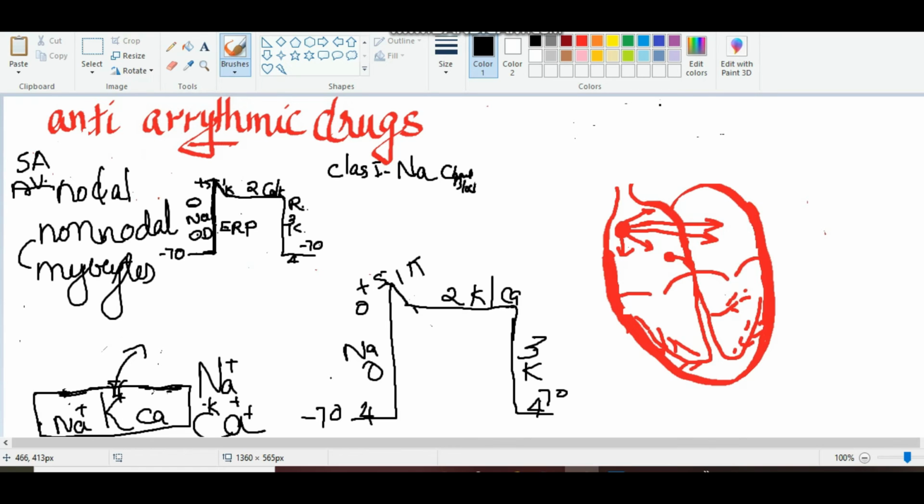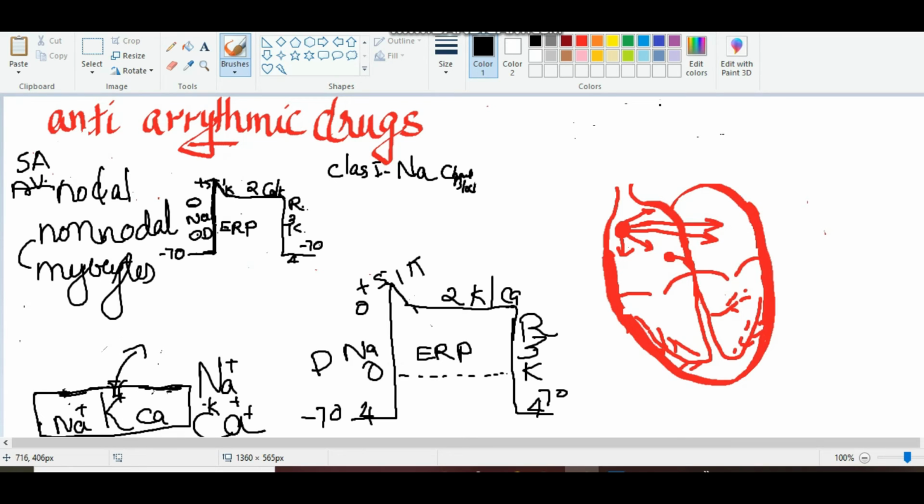This is called depolarization. This is repolarization. Once it starts to have the depolarization, it has to go through the repolarization. This is called the effective refractory period, the time period between the depolarization and the repolarization.